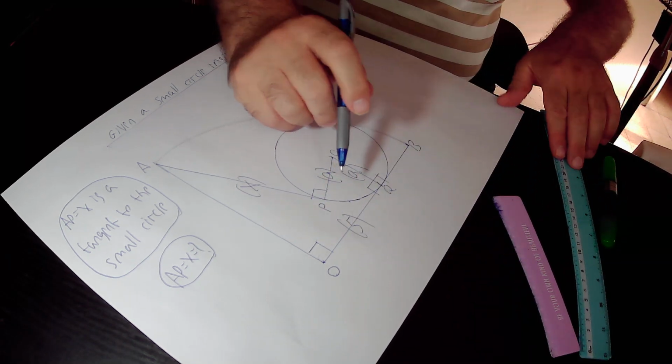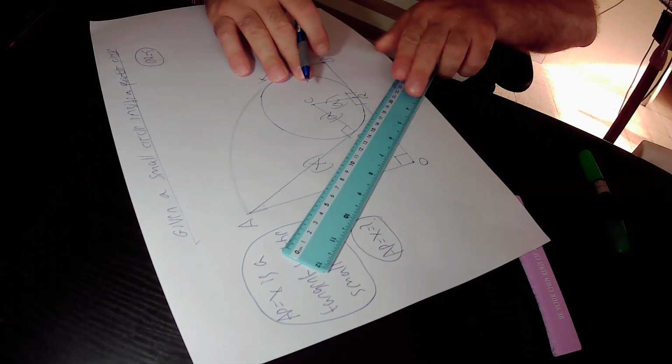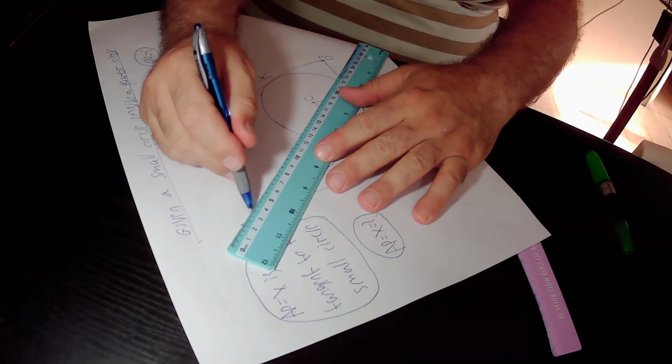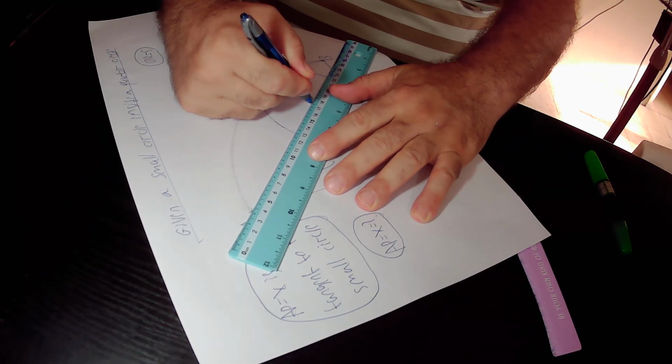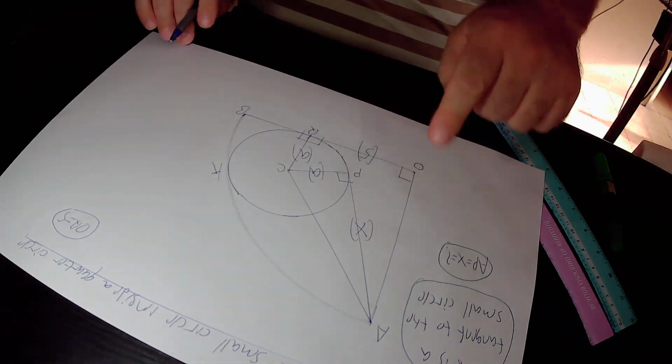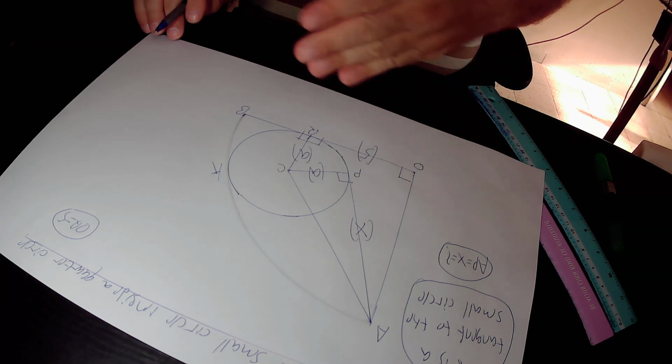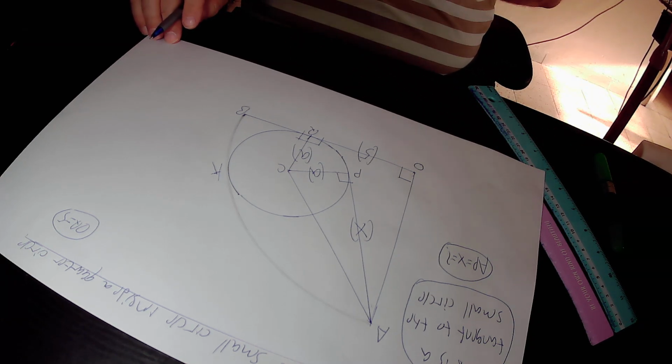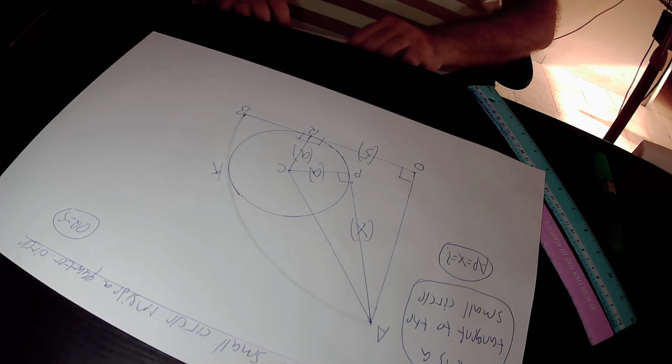In the next step, we join points A and C together by a straight line. By joining points A and C, we create the right triangle, triangle APC. So in the next step, I'll copy the right triangle APC. And on the page, we will implement the Pythagoras theorem on this right triangle, triangle APC.